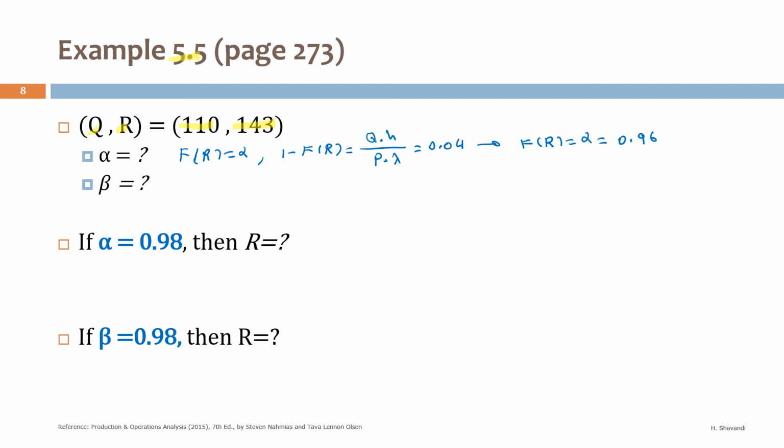Okay, and what about type 2? Type 2 here, we have this equation 1 minus beta equals N(R) over Q, right?